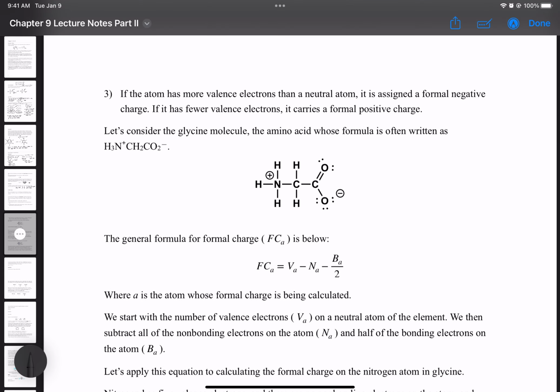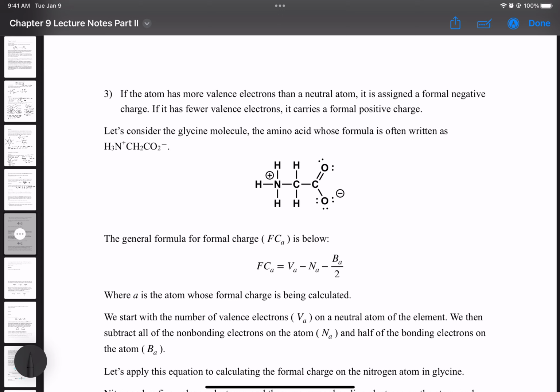So the general formula for formal charge, I'll provide this on your equation sheet, is: the formal charge of atom A is equal to the valence electrons of atom A minus the number of electrons of atom A in the compound. So this refers to non-bonding electrons.